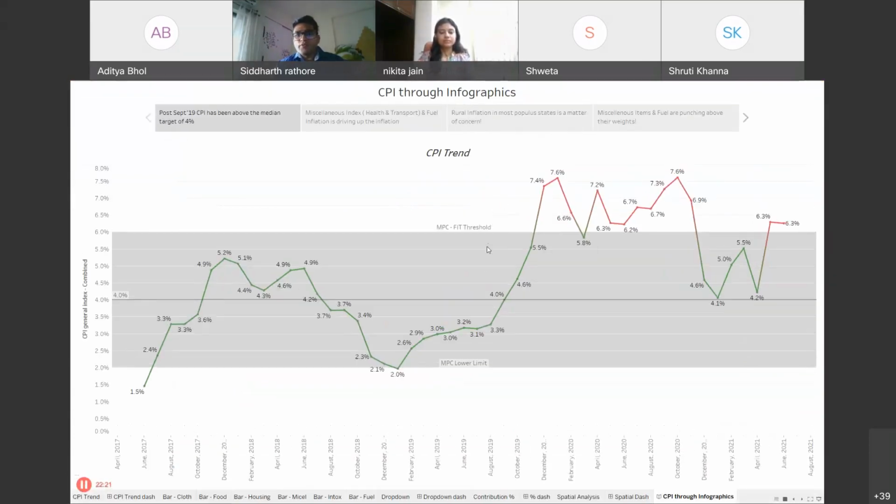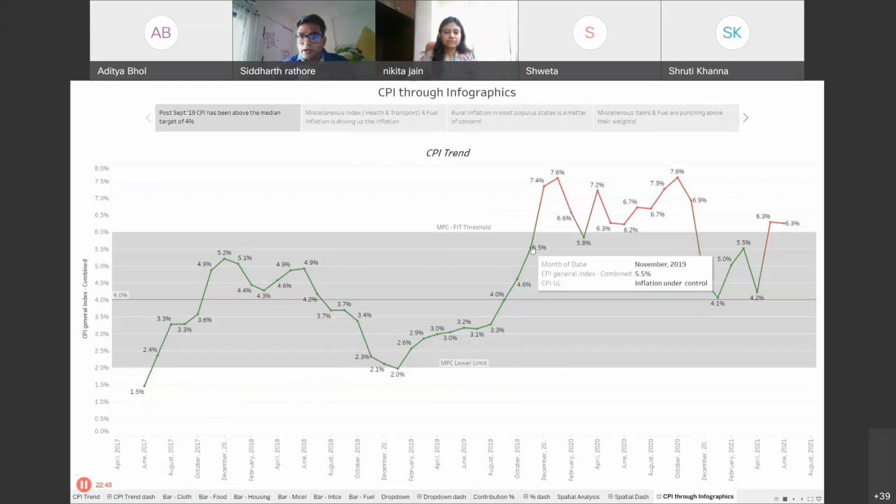So if you see the dashboard, this is the dashboard that we have created for inflation, and the first infographic is a line trend of the CPI inflation, whereby we can see how the inflation has risen from 2017 onwards, and you can use a number of parameters on this graph.